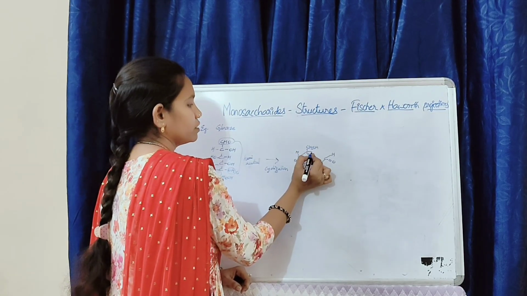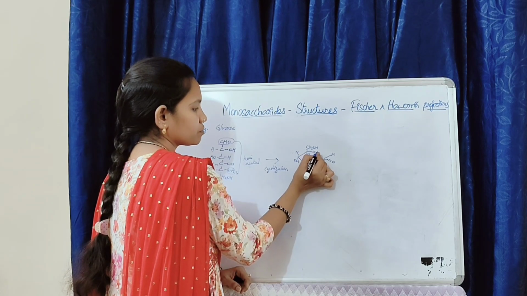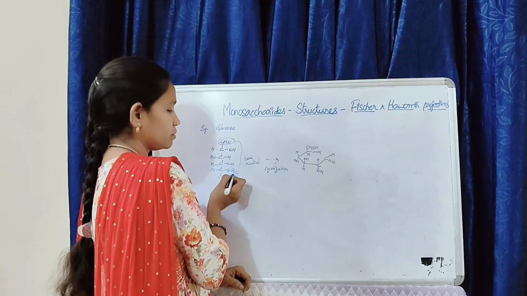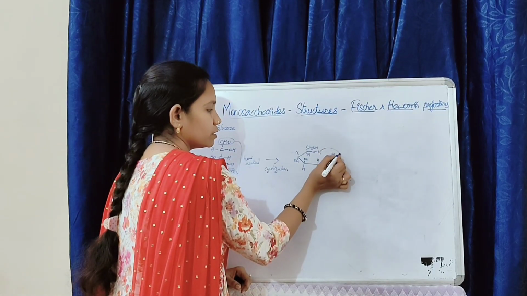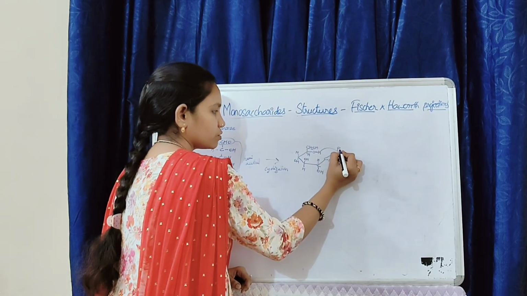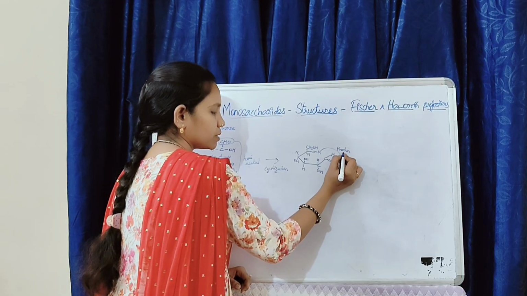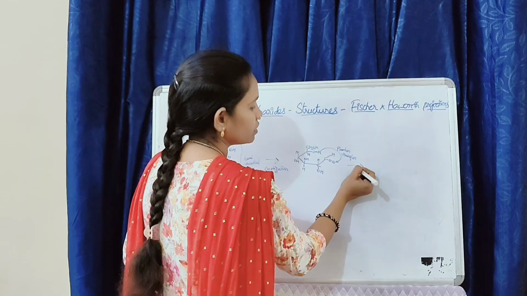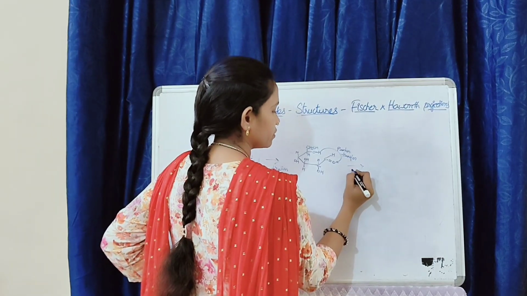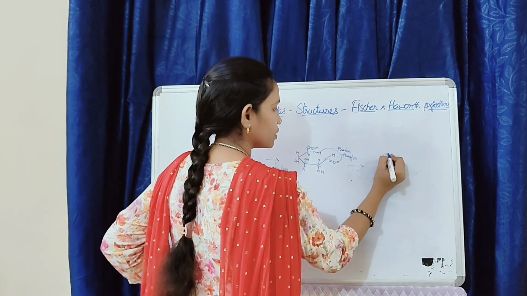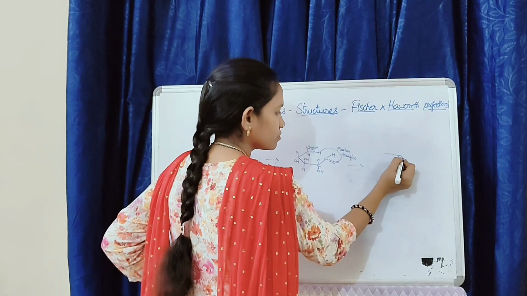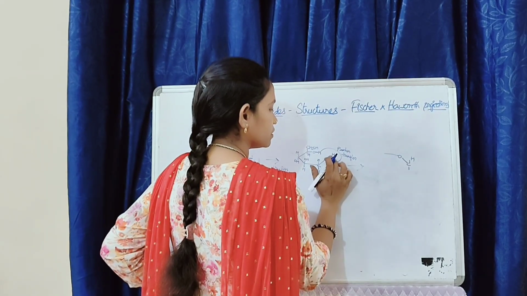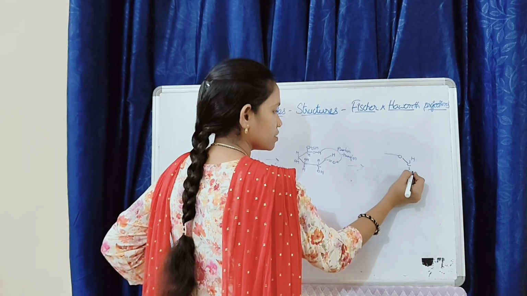Now here the hydroxyl group is present, right? Now a proton transfer takes place. So after that ring closure will take place. Let's see. After the transfer of proton, you will get OH here.